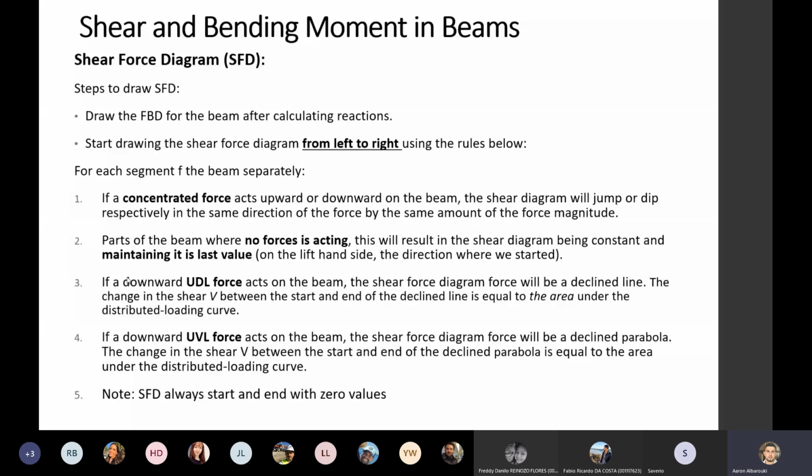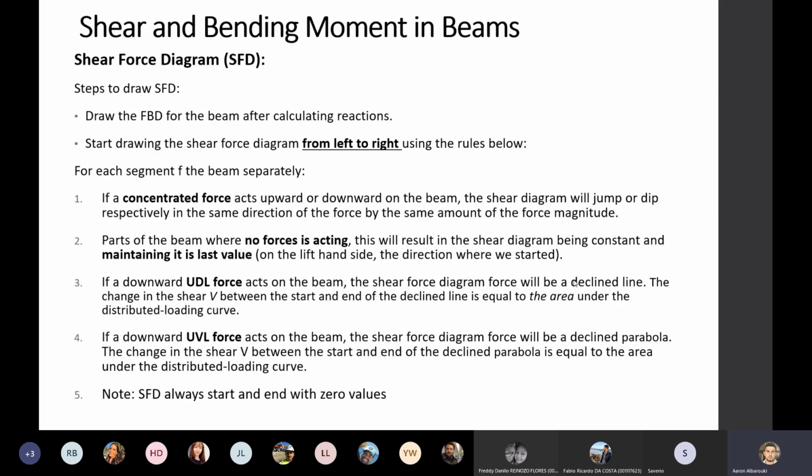Now, in the case where we have a downward uniformly distributed load, are we all clear on the term UDL, uniformly distributed load? Anyone who doesn't know, please go ahead and ask me now. As I said, all of those are important for us today. If we have a uniformly distributed load acting downward on the beam, the shear force diagram will be a declined line.